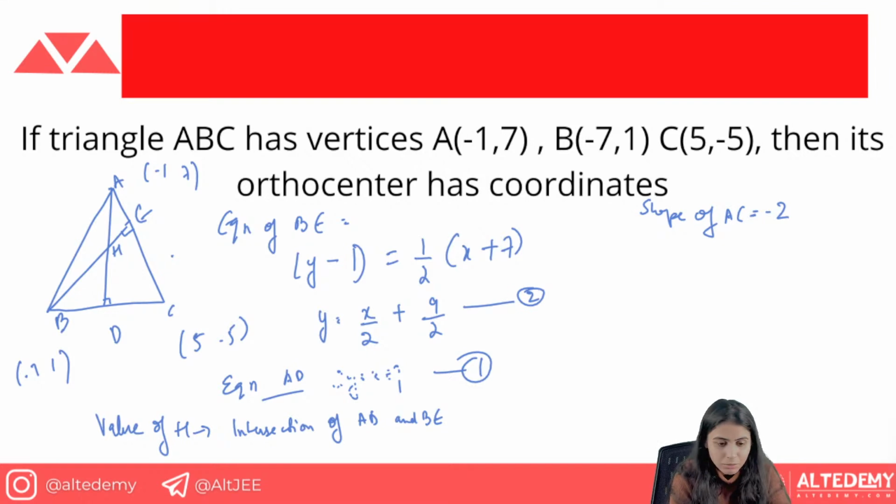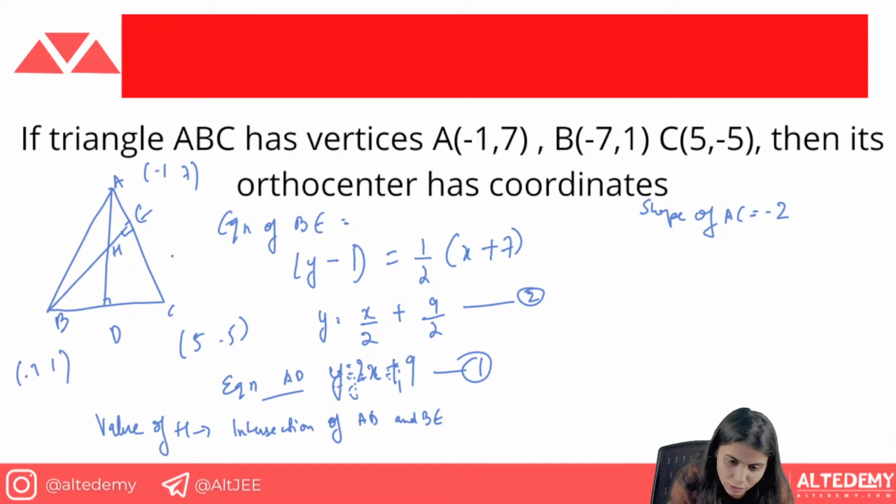It's not a problem. So basically, the equation of AD which we calculated was y is equal to 2x plus 9. Okay, so you can solve this equation. You can subtract it, y gets cancelled out. You can get x by 2 minus 2x, that can be calculated as 9 by 2 minus 9.